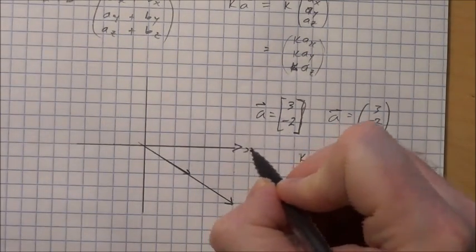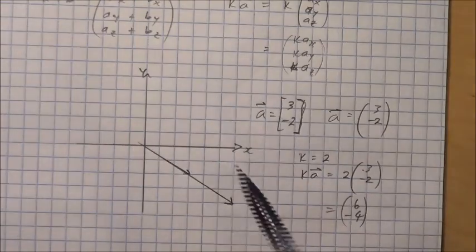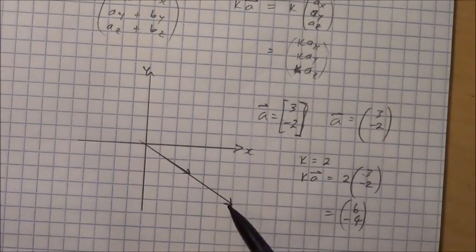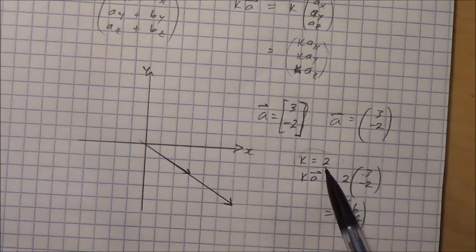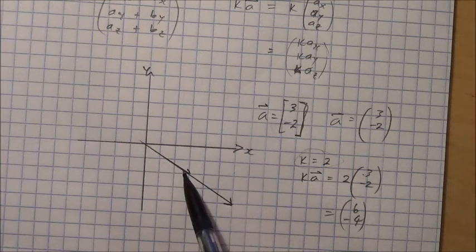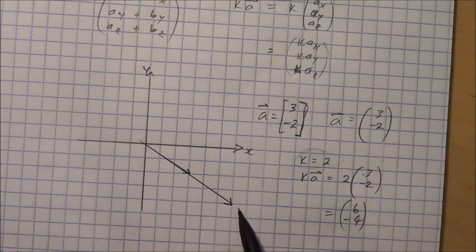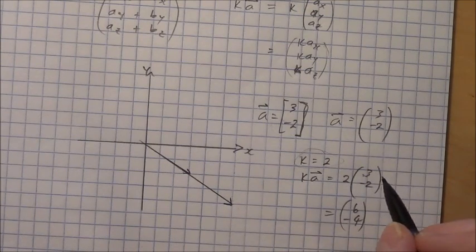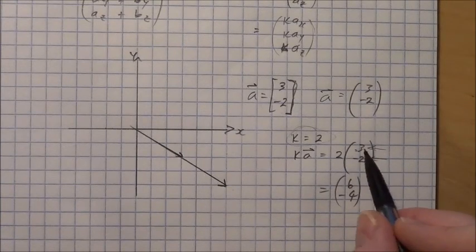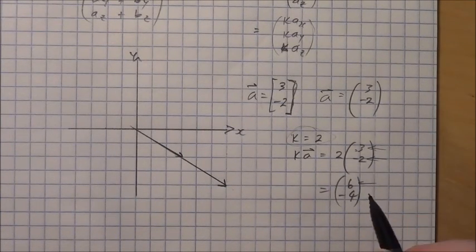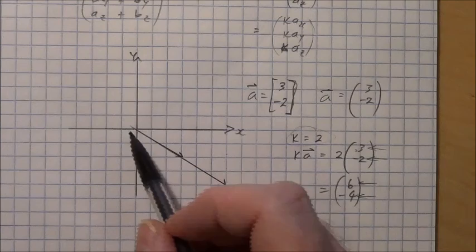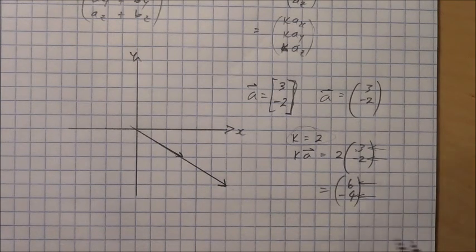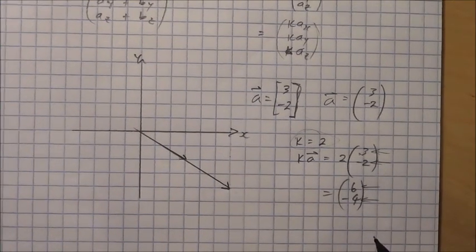Notice that the vector hasn't changed direction, it's just changed size. So k being 2, we've multiplied the magnitude by 2. We've scaled the whole magnitude as well as each of the components by 2. So the 3 multiplied by 2 gives 6, and the negative 2 multiplied by 2 gives negative 4. It's still in the same direction, just a longer vector.